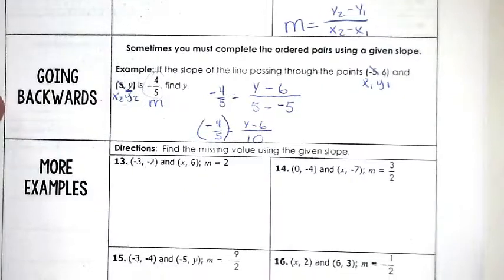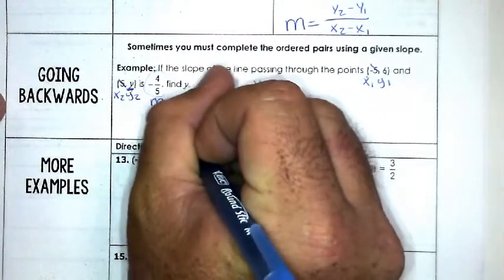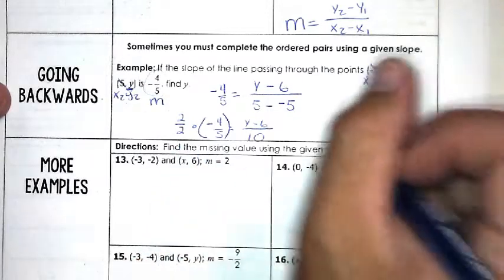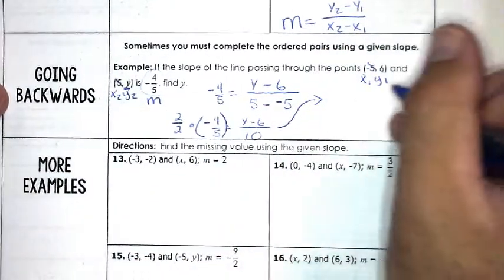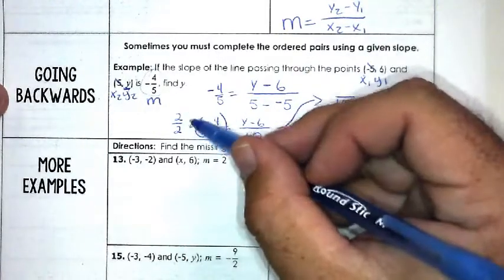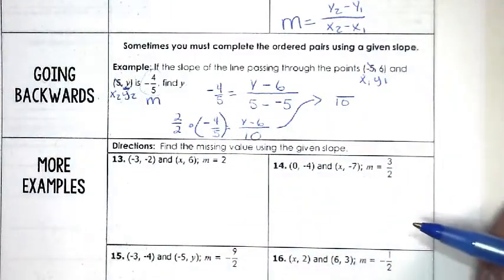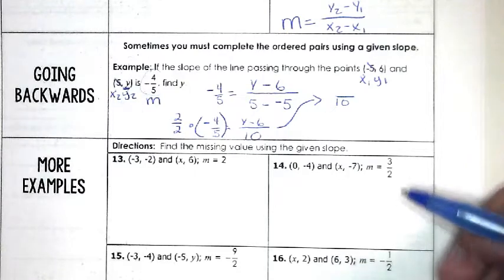Now, that gives me 10, okay? What is 2 times negative 4? Because remember, your negative will always be with the numerator because of the rise and run, or the rise up and down, okay? What is negative 4 times 2? Negative 8, okay? Then I have my equals. I have my 10, and then I have my y minus 6 right there.